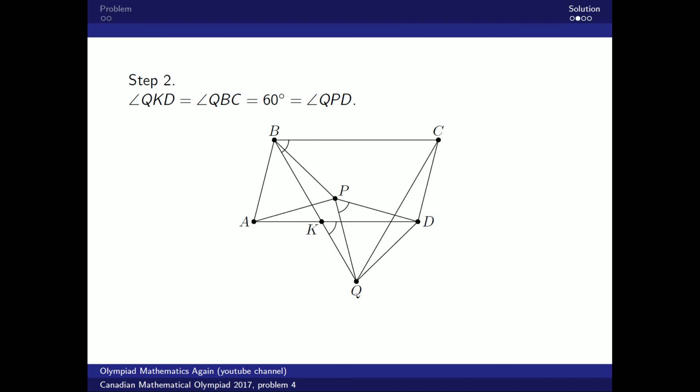QKD is equal to QBC, but QBC is equal to 60 degrees because the triangle BCQ is equilateral, right? But also what we know from step 1 is that the triangle PDQ is equilateral, and therefore the angle QPD is also equal to 60 degrees, right? So from this, we conclude that the angle QKD is equal to the angle QPD.